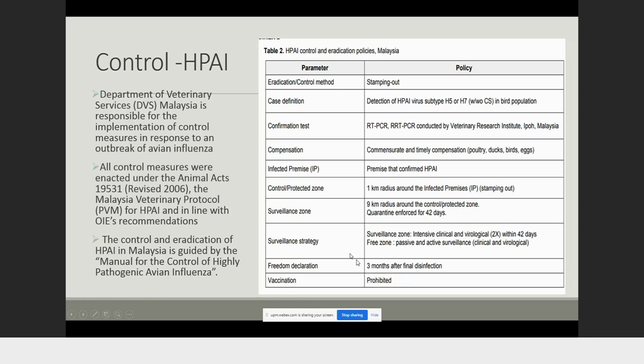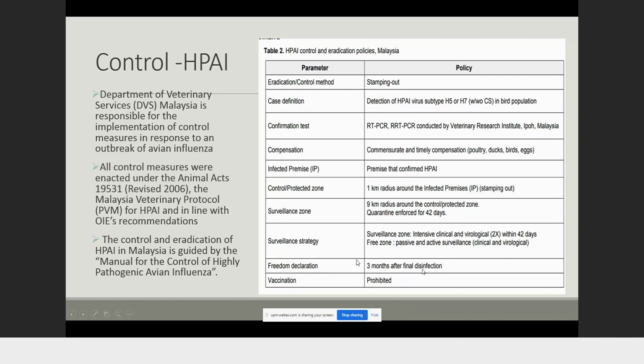How do you perform the surveillance strategy? You observe for clinical signs, and observe also for the virus, you do virus tests, and freedom declaration is where you can declare freedom from HPAI after you get that.